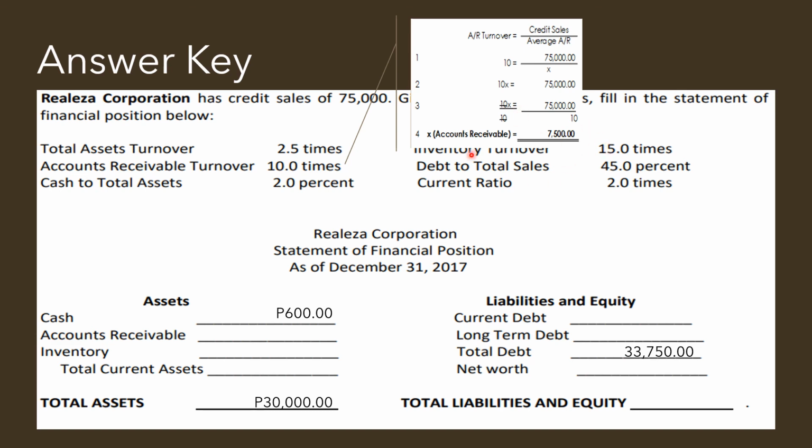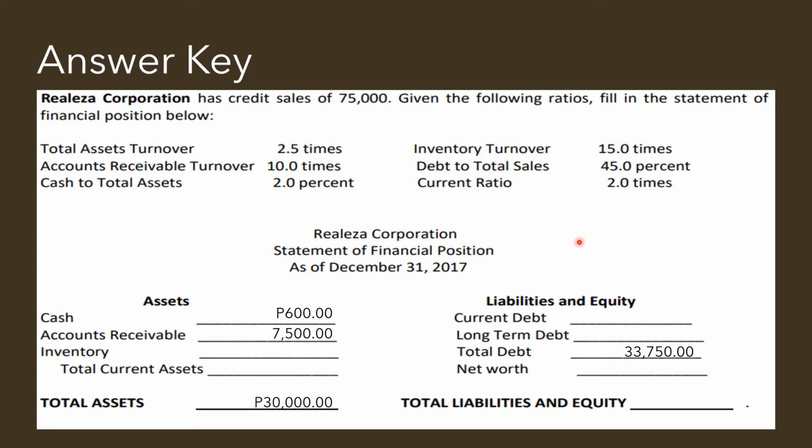Kung magkano makukuha mo rito, that's your accounts receivable. Unless 2 years na to, or unless walang naging changes sa beginning and ending accounts receivable mo. Okay, so for AR, we have 7,500. Ilatag mo na yan. Next that we need to do is to put the total current assets.